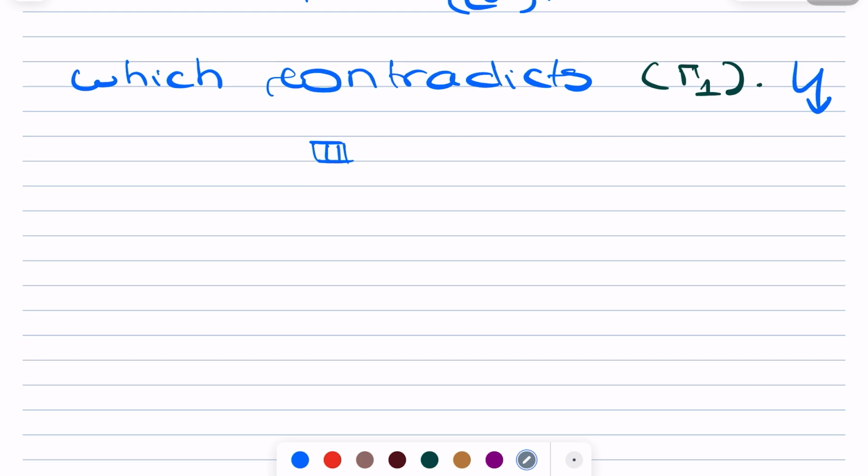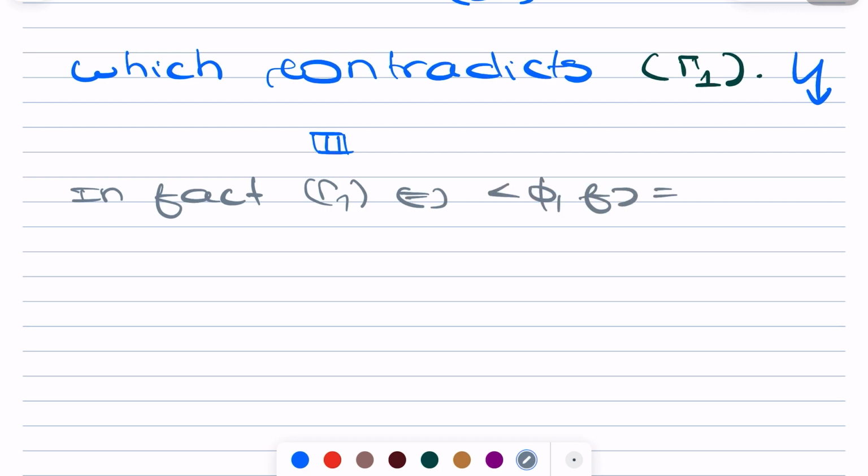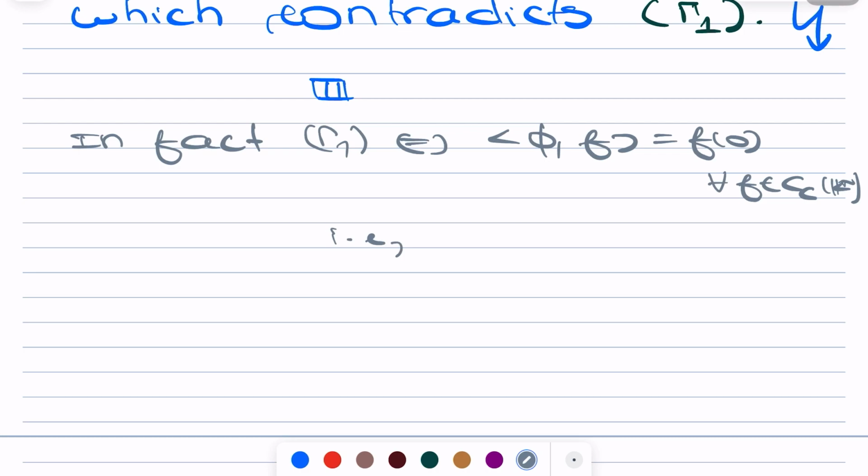Okay, if you feel like the conclusion is quite fuzzy, let me just put a comment. In fact, gamma 1 is equivalent to saying that phi f is equal to f of 0, for every f in C_c of Rn. So since phi is 0, then you get that f of 0 is equal to 0 for every continuous function with compact support on Rn.